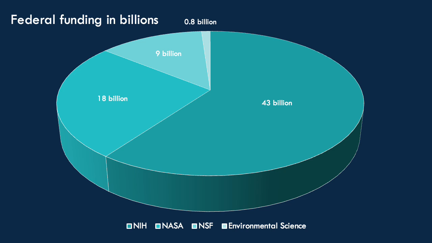Then NSF, the National Science Foundation, pulled about 9 billion overall. So this is anything that has to do with science, fundamental science being done in the United States. And of that, environmental science, which encompasses the field of ecology, pulled about $0.8 billion. So let me assure you that within environmental sciences, community ecology is just a drop in the bucket.